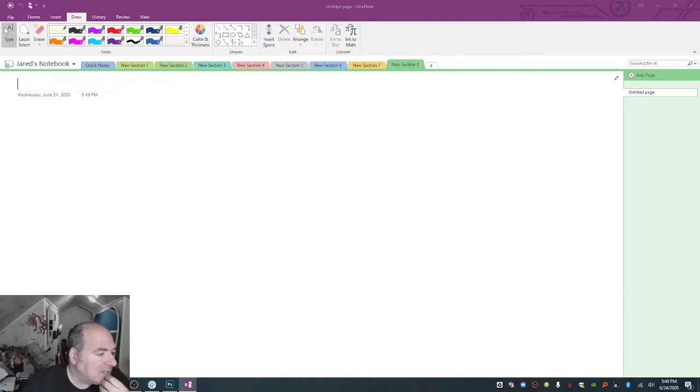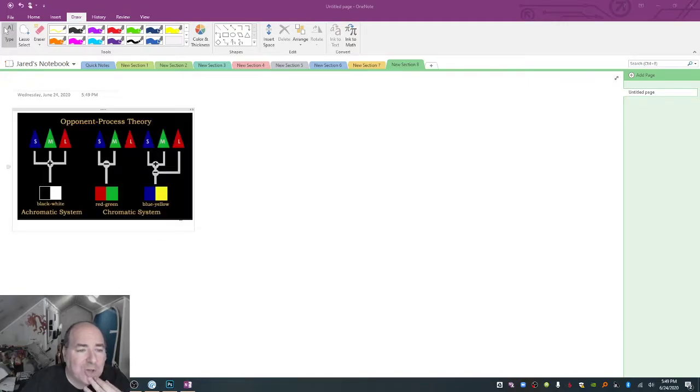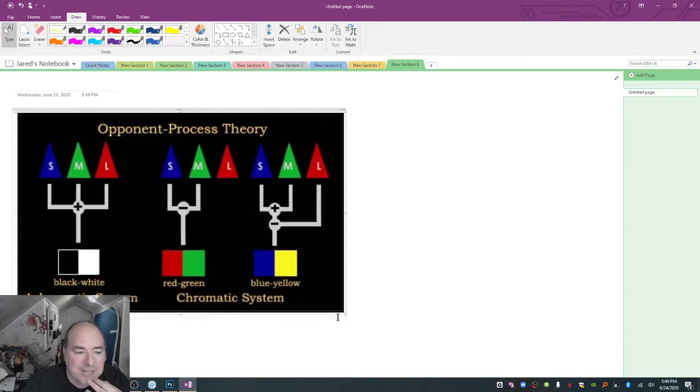It turns out that inside of your optic nerve, before it hits your brain, in something called the opponent process theory, the three signals, the short, the medium, and the long, come together to create a more compact signal. So while you have the short, medium, and long cones feeding data, they're actually processed in the optic nerve before they hit the brain into three channels: the blue-yellow channel, the red-green channel, and the black-white channel.